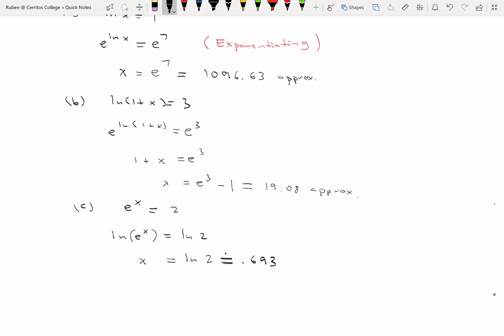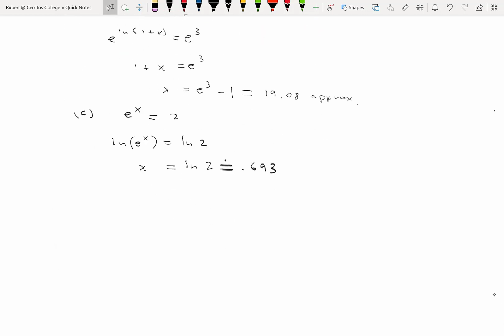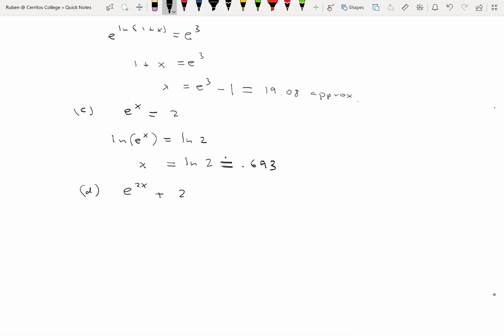So let's look at another one. I think this one is similar to something you're going to see on your homework. It's a little more difficult. Let's take a look at e to the 2x plus 2e to the x minus 15 equals 0.